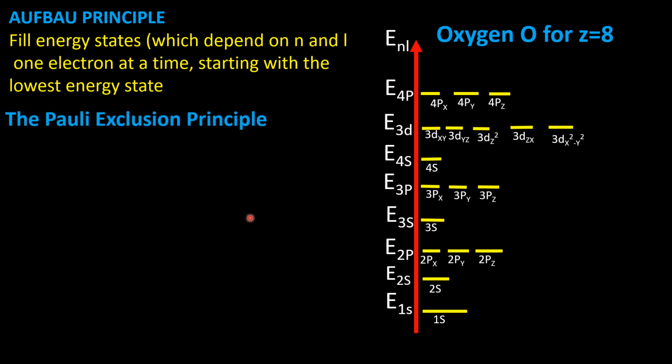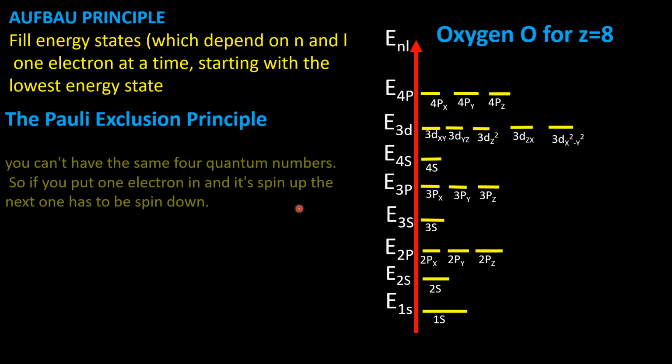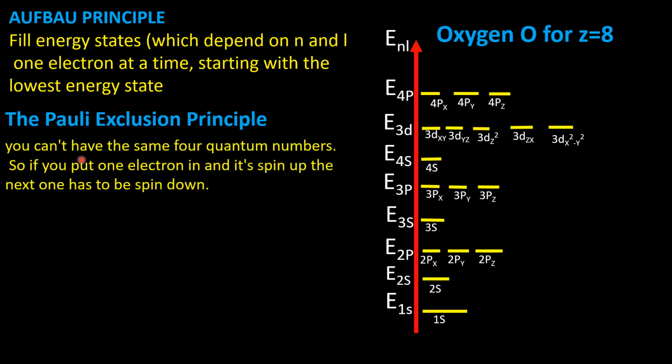Then further filling of electrons is guided by the Pauli exclusion principle. The Pauli exclusion principle guides us about the spin of electrons. That is, it tells us that we can't have the same 4 quantum numbers. So if you put one electron in with spin up, the next has to be with spin down.